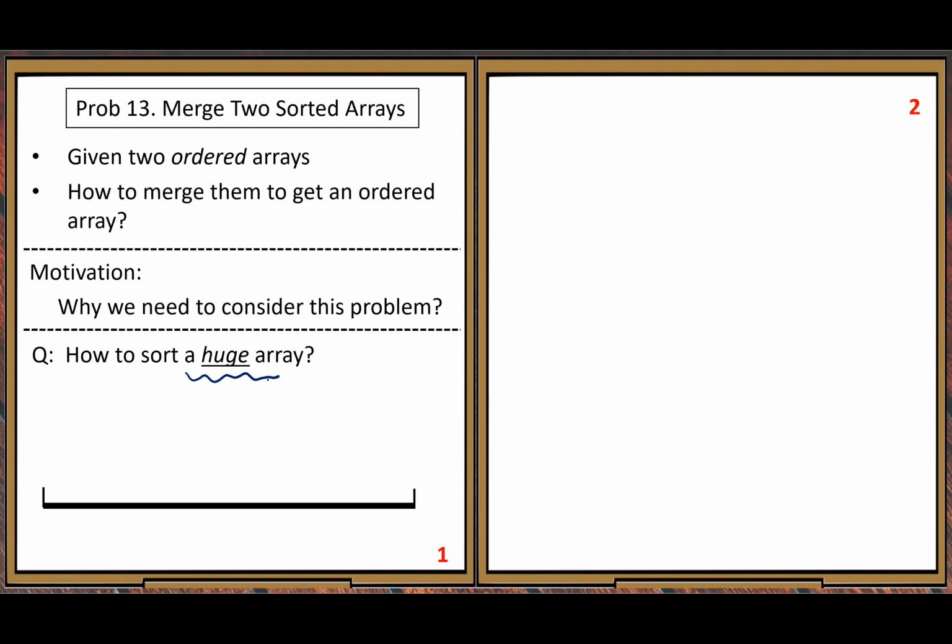We know our memory is much smaller than the hard drive, right? Look at the current typical memory size for a laptop. Let me just use 16 gigabytes. My laptop only has 4 gigabytes, very small, but it's good enough for my teaching. So here I just assume 16 gigabytes.